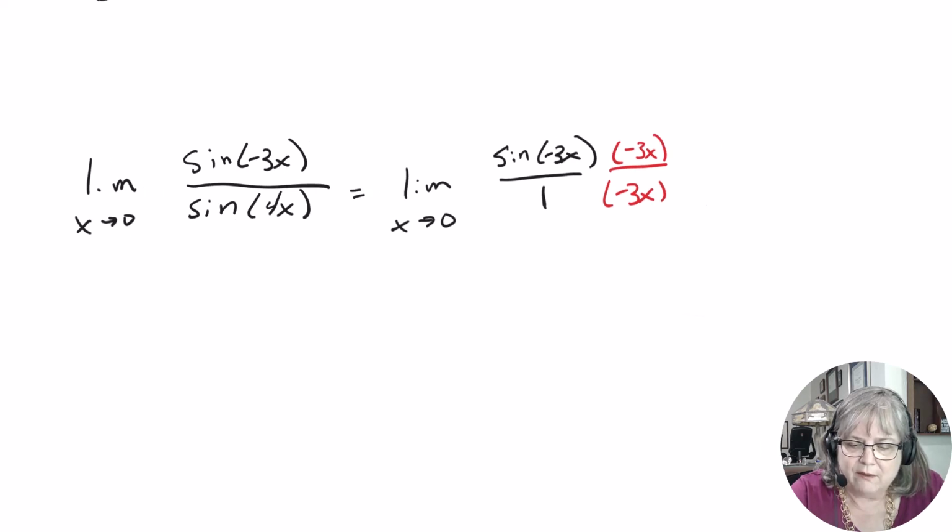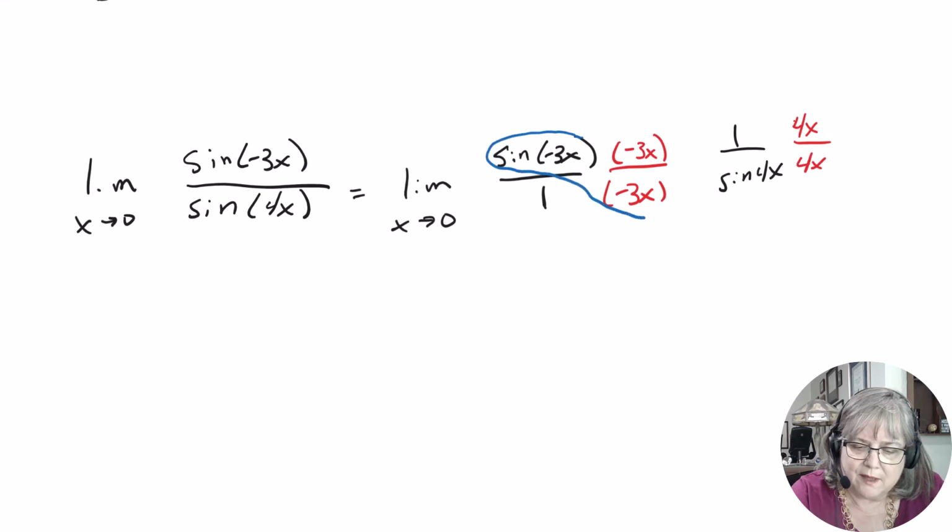And then I have 1 over sine of 4x. And I really want that pattern of having the matching argument up here. So I have to multiply down here. So this sine of minus 3x and this minus 3x make that pattern, and this fulfills that pattern. So I'm going to show you the pattern so it's not quite so messy.